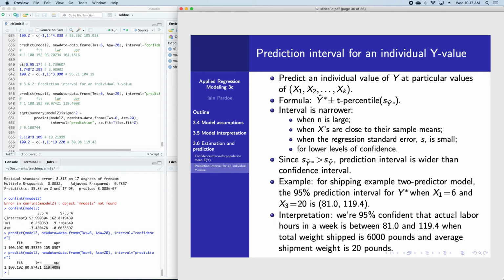We'll talk about things like categorical predictors. We'll talk about model building in a little more detail. We'll talk about influential points. We'll talk about other regression pitfalls, things that can go wrong that we need to look out for. Those will be coming up in the next series of videos on chapters 4 and 5.